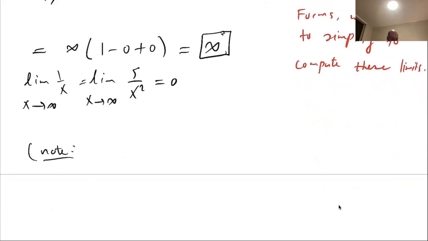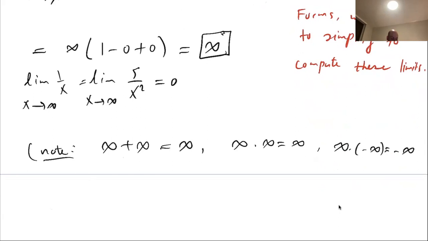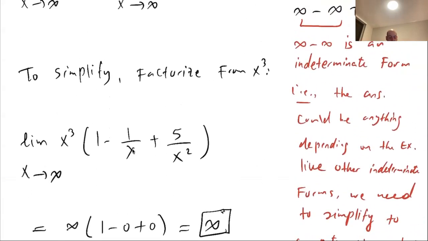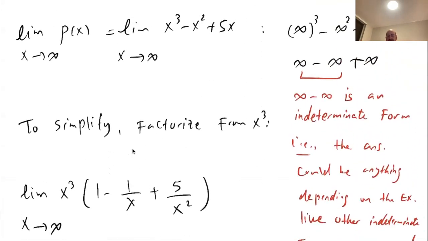So note that infinity plus infinity is infinity, or infinity times infinity is infinity. Infinity times minus infinity is minus infinity, right? Infinity plus infinity is not indeterminate, because infinity plus infinity means a very large number plus another very large number. Of course, the answer will be very large. But when you have a very large number minus another very large number, then the answer could be anything potentially.